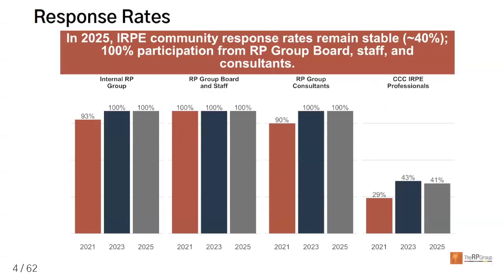As researchers, I know what we really want to do is start off with the response rates and see how we cover it. You can see 21, 23, 25 is on the bottom of these graphs. We have it broken down by internal, the board and staff, and also consultants, and then the greater IRPE professionals.